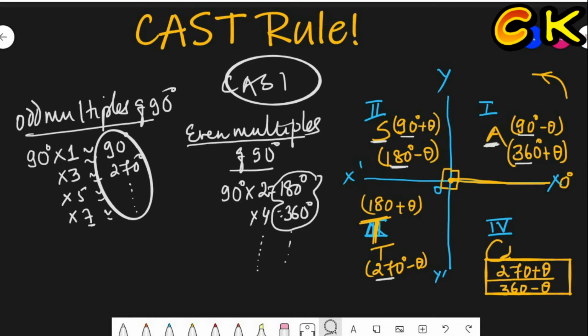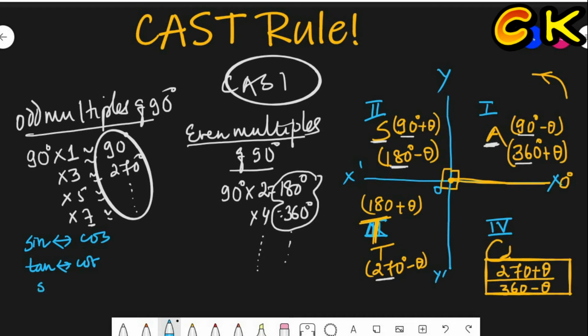Now if there is an odd multiple of 90 degrees, then the trigonometric ratios change. What changes? If there is sine, then sine changes to cos. Similarly, if there is cos, then it changes to sine. If there is tan, then tan changes to cot, and vice versa, that is cot changes to tan.